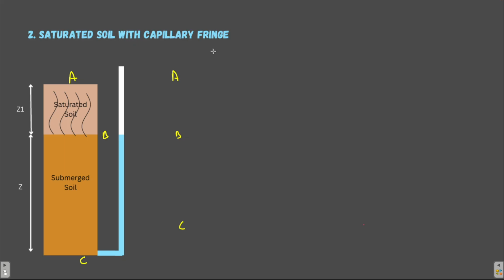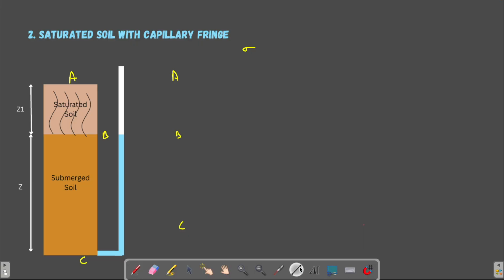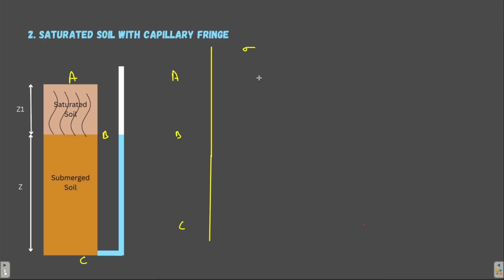And for this, we are going to calculate the total stress. So the total stress for point A will be, what do you think? There is no surcharge acting above A, and there is no soil above A. So the total stress at point A will be 0. Now at point B, it is the saturated soil and the depth is Z1.